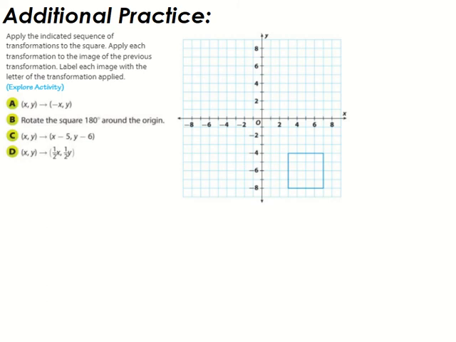We keep doing it to the one previous. So it's like a prime, double prime, triple prime type of situation. Label each image with the letter of the transformation. So instead of labeling them A prime, B prime, C prime, D prime, we would then need to just put A, B, C, D in them.